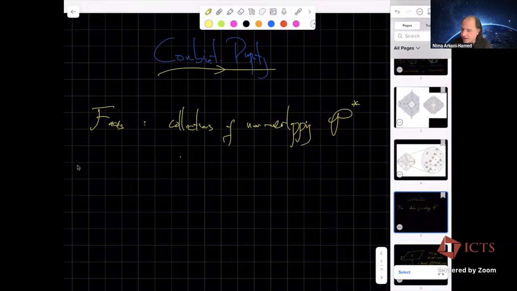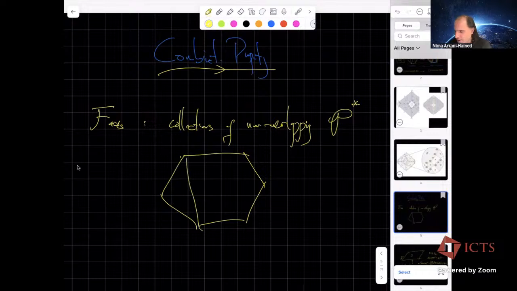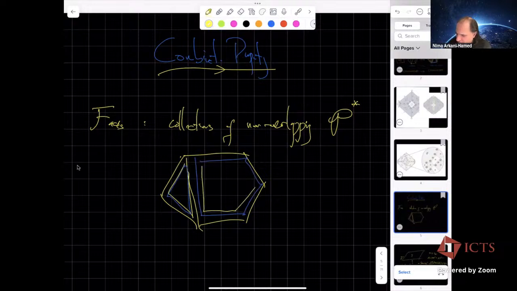Say you have a collection: a triangle, another triangle, this pentagon, and I also have this square. This looks like a legal collection of non-overlapping subpolygons. They don't overlap each other. But it's not allowed in our list.